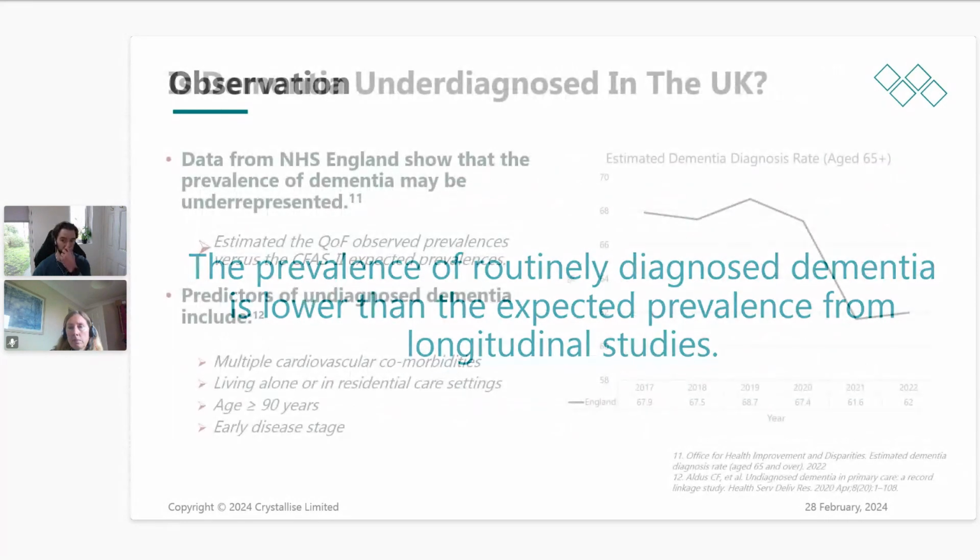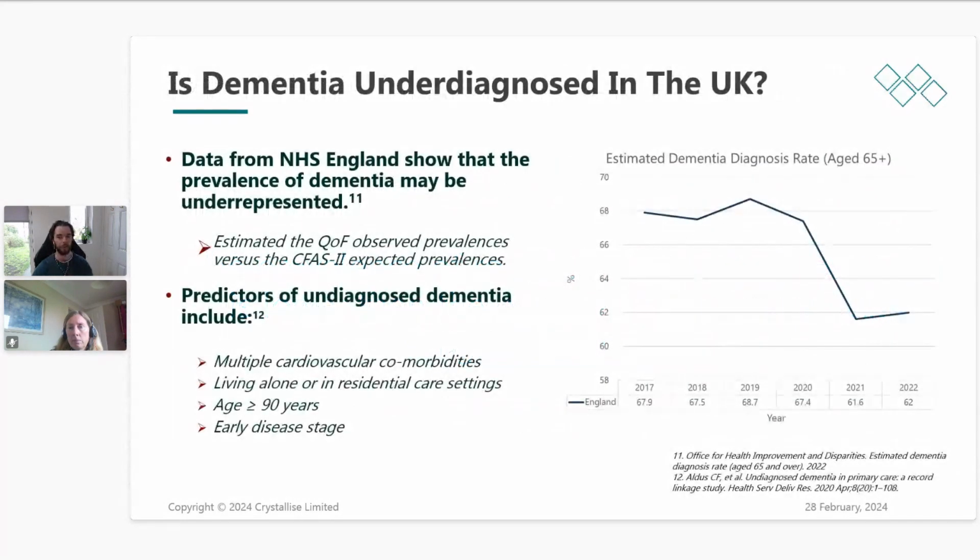And actually we can use the QOFs, that framework by which GPs report prevalence of dementia, and compare that to longitudinal studies to get an understanding of how general population dementia diagnosis rates compare to these longitudinal studies.